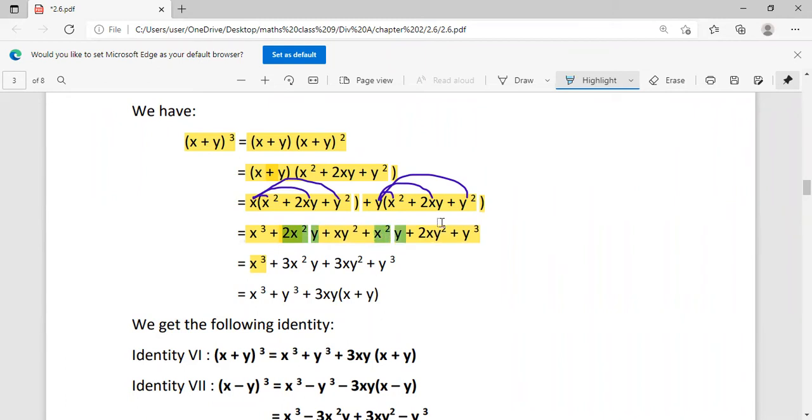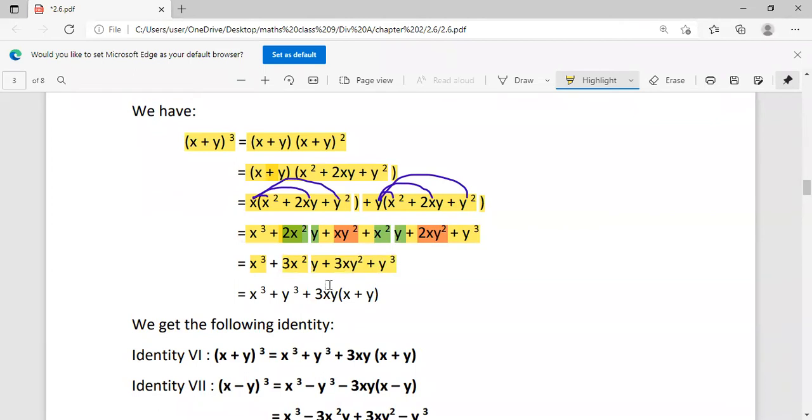So they are like terms. We are just adding them, so we get 3x squared y. And again, xy squared is there, 2xy squared is there. So we are adding them together. So we get 3x squared y plus 3xy squared, and the remaining term y cubed.